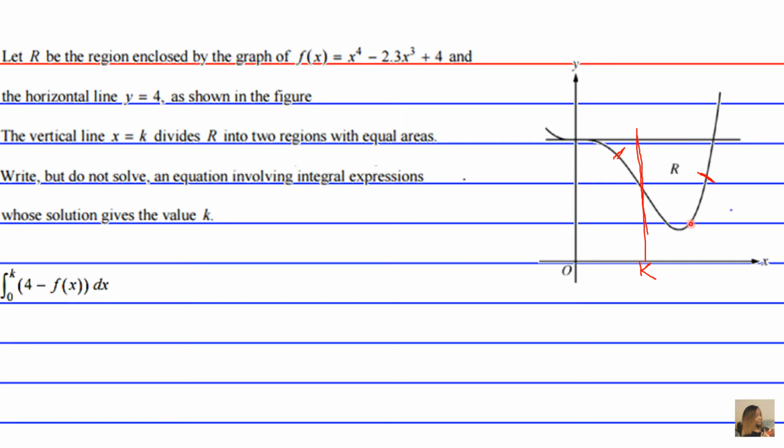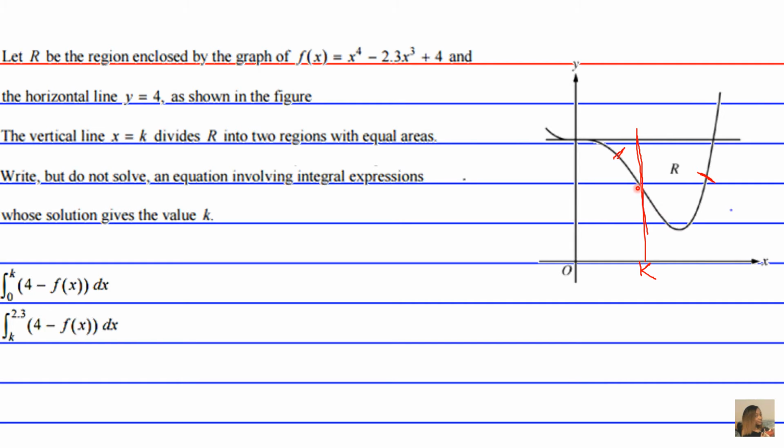And then the expression in the integrand is 4 minus f of x, dx, because we're integrating with respect to x, okay? So this is the equation for the region to the left of k.